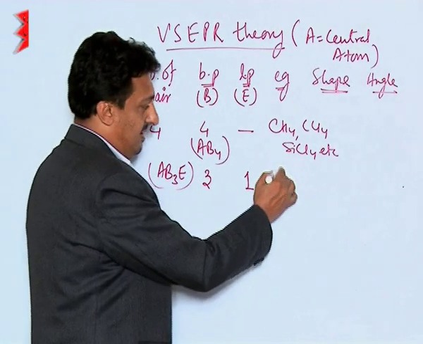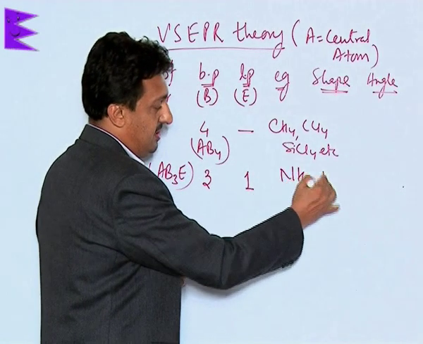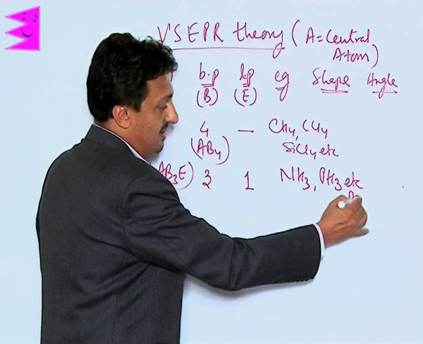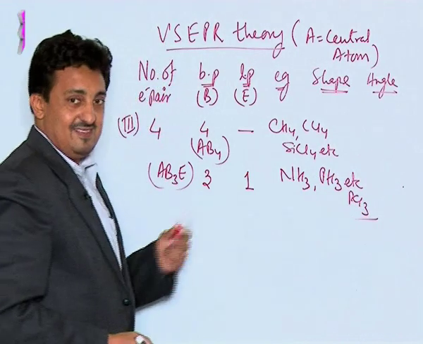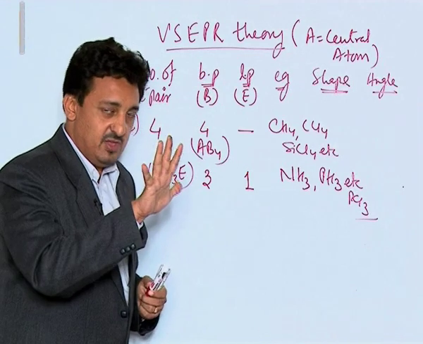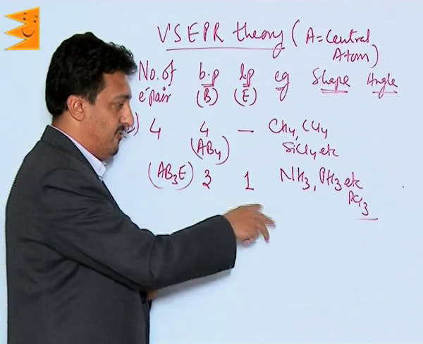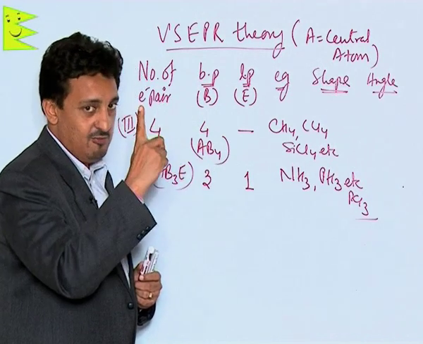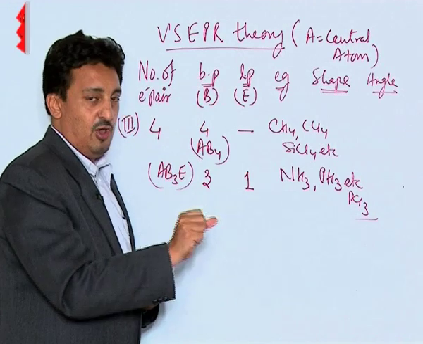The best example can be your ammonia molecule, phosphine molecule, PCl3 molecule, etc. Let us take ammonia. Nitrogen has how many valence electrons? 5. Out of which how many are bonded to hydrogen? 3. So 3 bonded atoms and the 2 electrons left make it 1 lone pair. So 3 bonded, 1 lone pair.